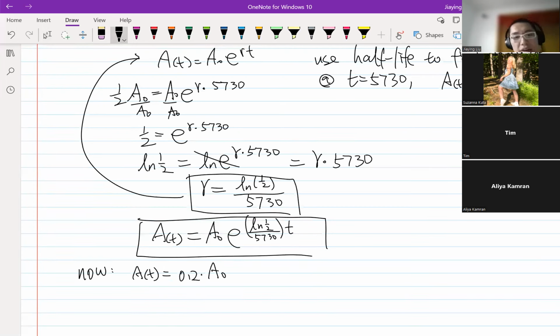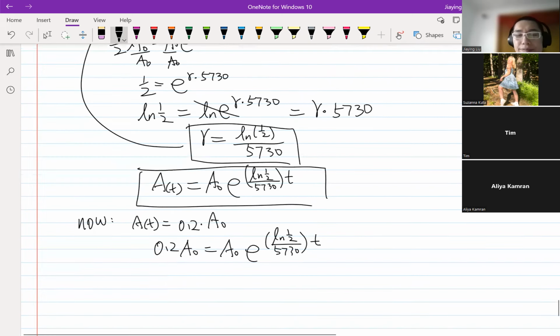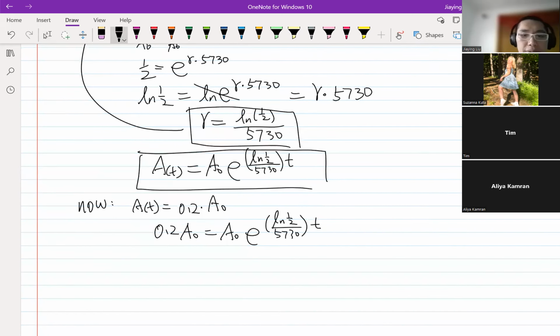That's how much carbon-14 we have now. So we're going to put this into the function above. We get 0.2 A naught equals A naught e to the natural log 1/2 divided by 5,730 times t, and divide by A naught. So we get 0.2 equals this exponential expression, natural log of 1/2 divided by 5,730 t.